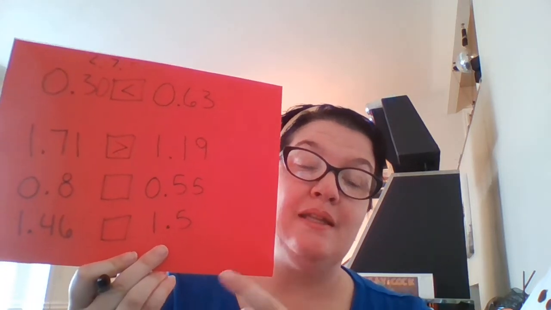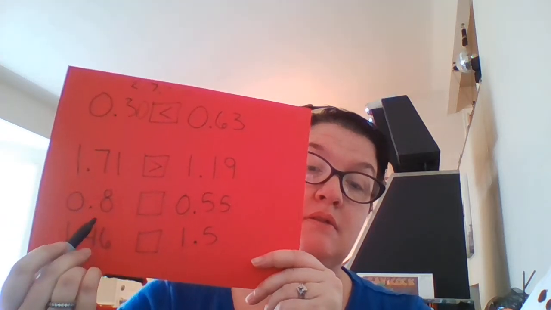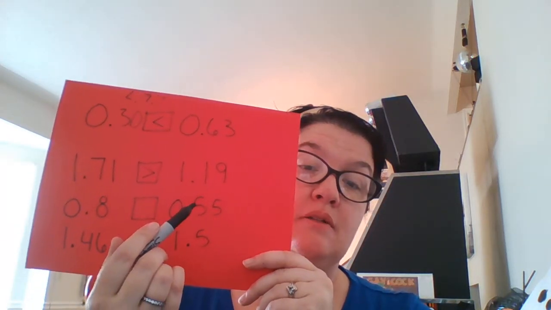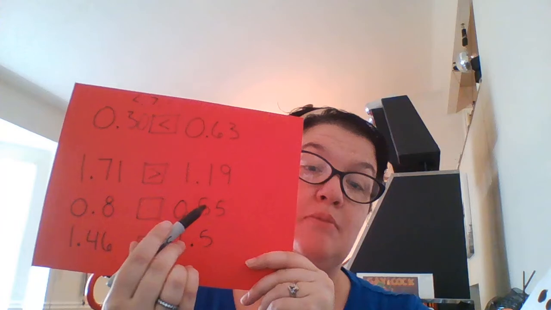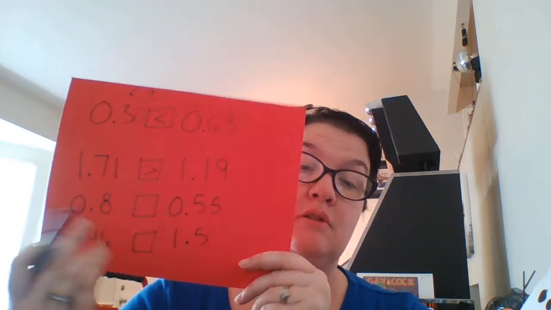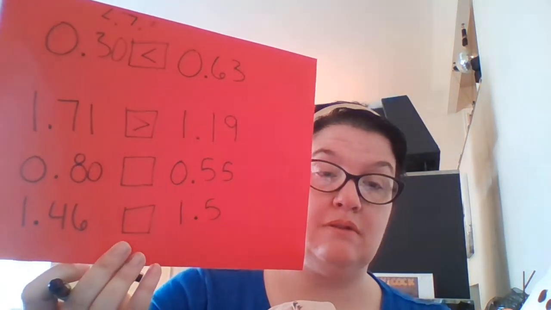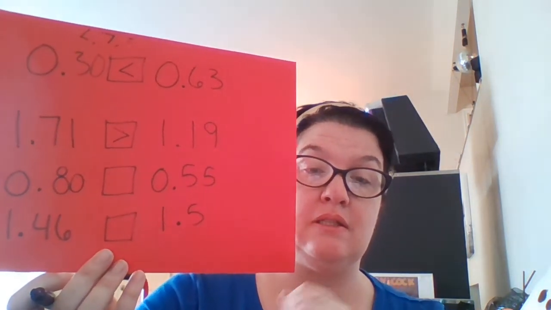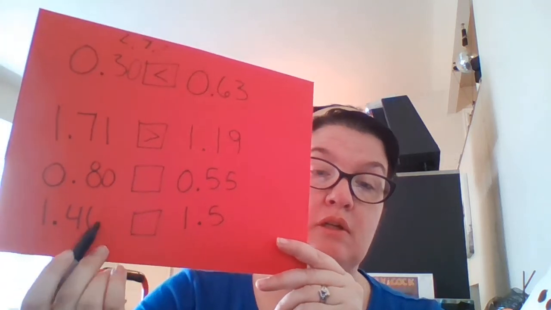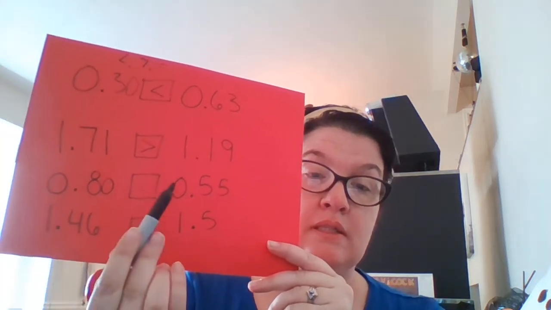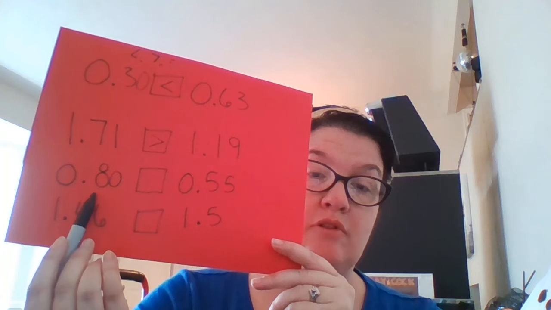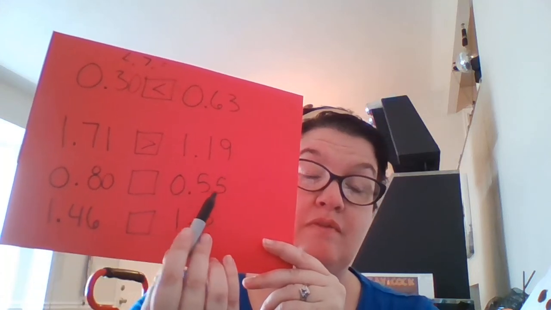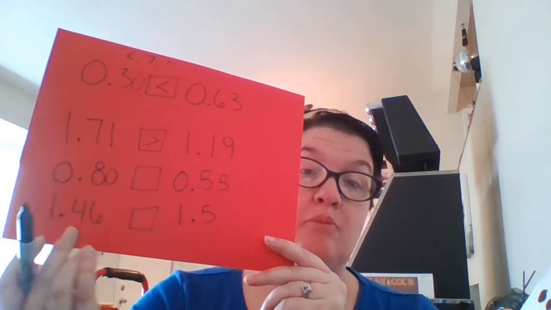Okay. This next one, 8/10 compared to 55 hundredths. Oh, we need to make sure it has the same number of digits after the decimal. We're just going to make this into 80 hundredths compared to 55 hundredths. Okay, again, just comparing. It doesn't have a whole number, so we're just comparing after the decimal. 80 compared to 55. The greater number is 80.